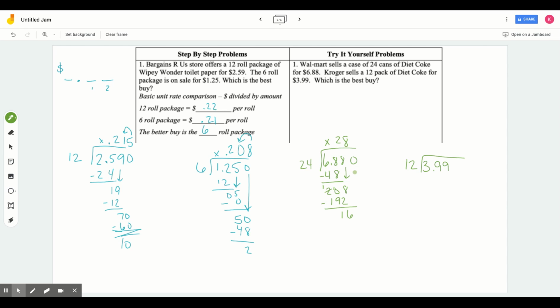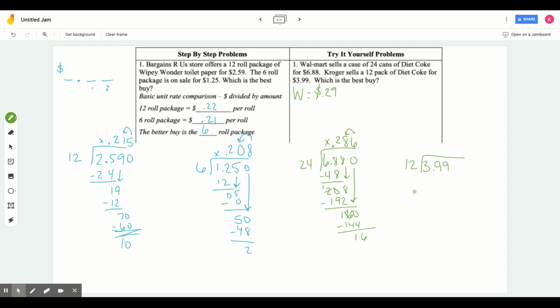We'll bring that 0 down. 24 can go into 166 times. 6 times 24 is 144. Again, we can borrow to subtract. 10 take away 4 is 6, and 5 take away 4 is 1. Bringing that decimal straight up and rounding to the nearest penny, we know that the Walmart cans are about 29 cents per can.